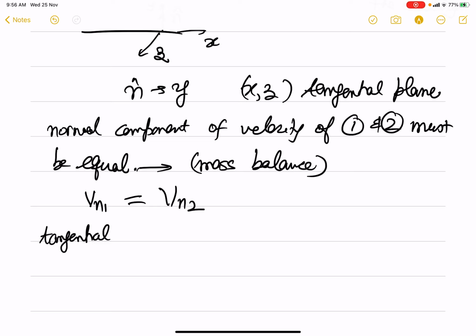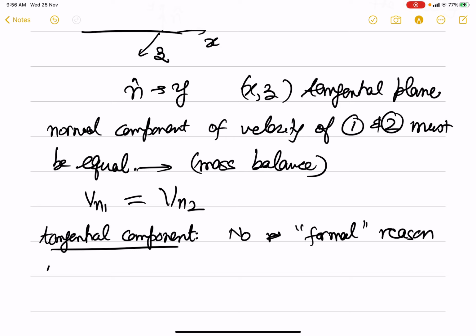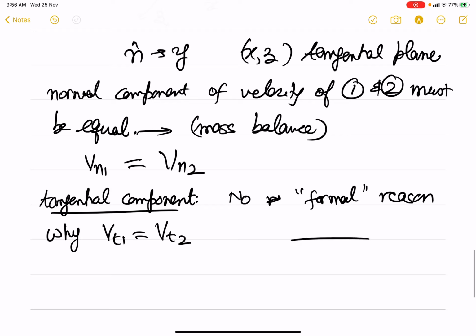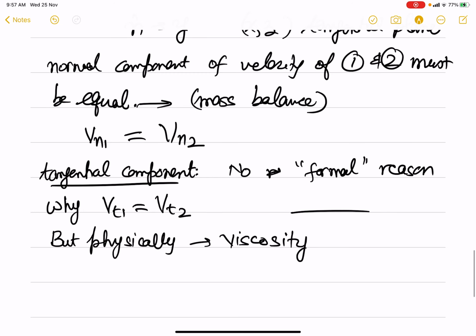Next, let us look at the tangential component. Now in tangential component, there is no formal reason why the tangential component of the velocity at 1 must be equal to the velocity at 2. But physically, we know we have this property called viscosity. The coefficient of viscosity is mu, as we have seen.